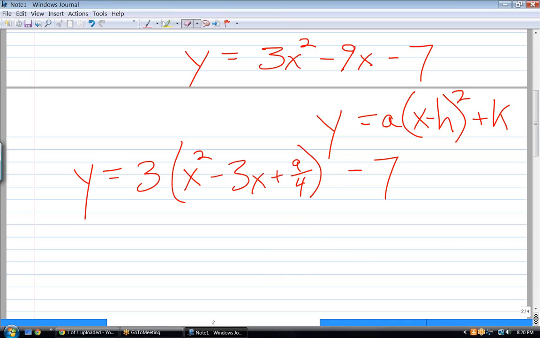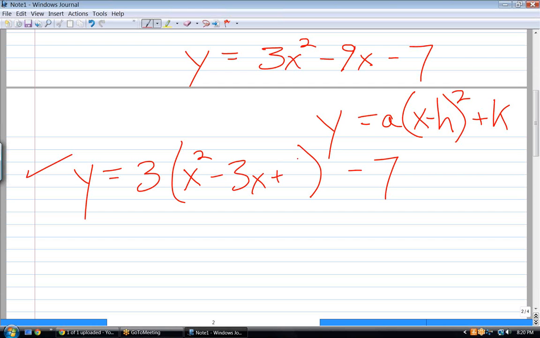So then you get 9/4. Okay, you have y equals 3x squared minus 3x plus 3 halves. Not plus 3 halves, plus 9/4. But I haven't done one vital thing. In other words, before we started, this was the equation.